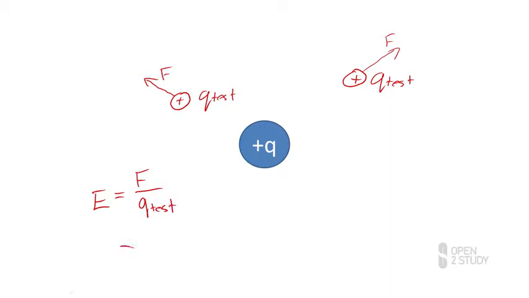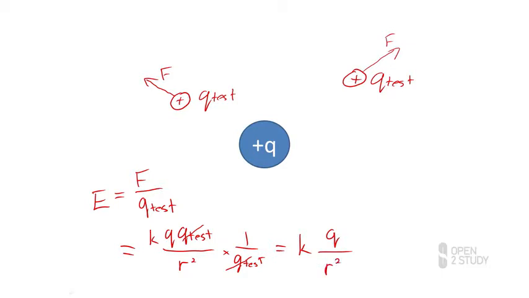And if you go back and think about that, the force was k Q Q test, there are our two charges, divided by r squared. And we're going to divide all of that through by our test charge. And so what we end up with, when that charge cancels that charge, is simply an electric field that only depends upon our charge in the middle and gets smaller like r squared.